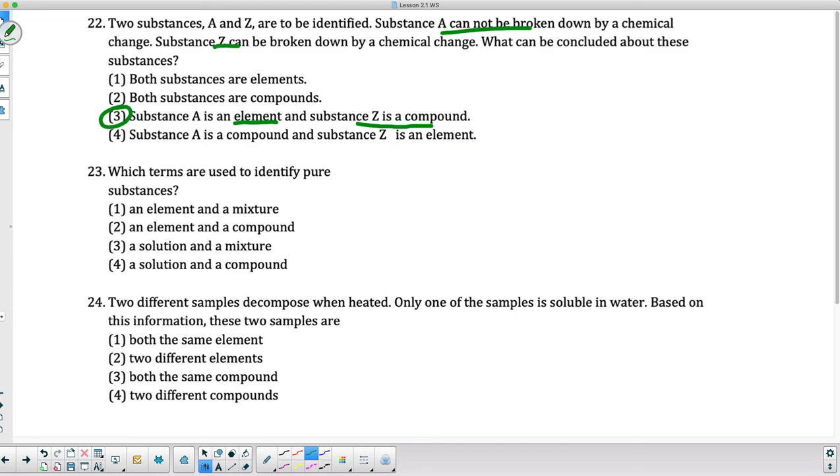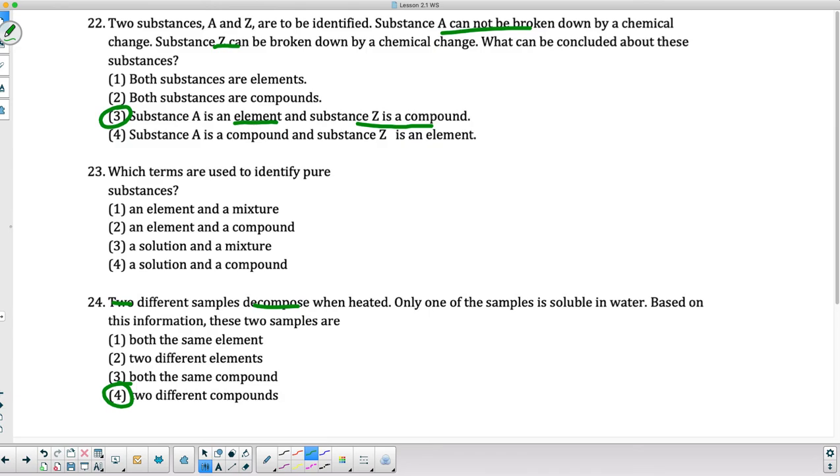Two different samples decompose when heated. Only one of the samples is soluble in water. Based on this information, these two samples are both the same element. Nope, because two different samples decompose. Okay, so both the same compound, two different elements, or two different compounds. I would say it's two different compounds because both of them decompose, which only compounds can do.